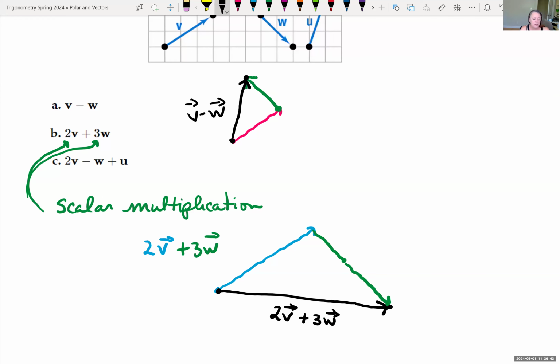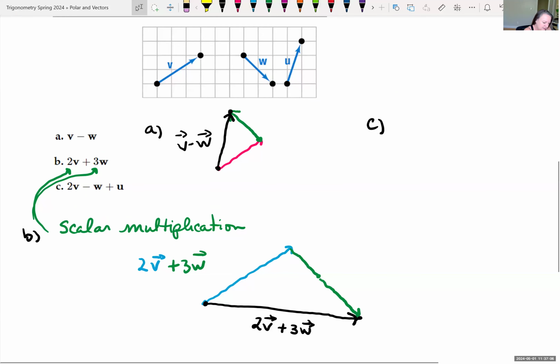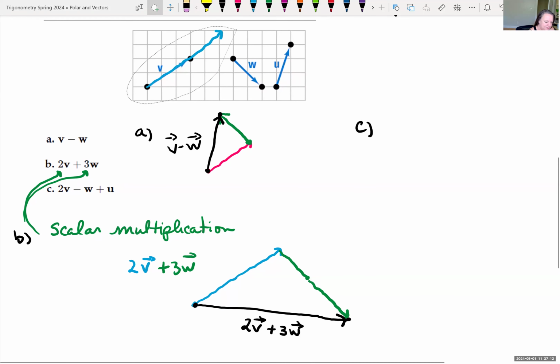So we can do this with adding more than 2 vectors. Let's look at the next example. C says we're going to look at 2v. Well, I already had 2v. Let's just do 2v. This just helps me with keeping it the same direction.